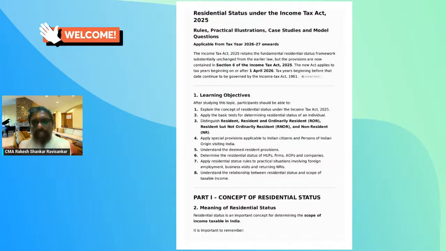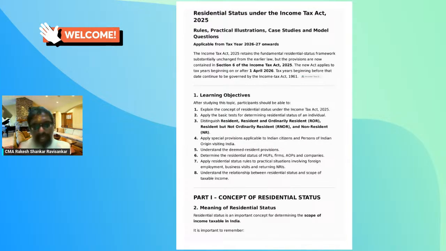At the end of the session, you will be able to explain the concept of residential status under the Income Tax Act 2025, apply the basic test for determining the residential status of an individual, distinguish between resident and ordinary resident, resident but not ordinary resident, and non-resident, and apply special provisions applicable to Indian citizens and persons of Indian origin, PIO, who are visiting India.